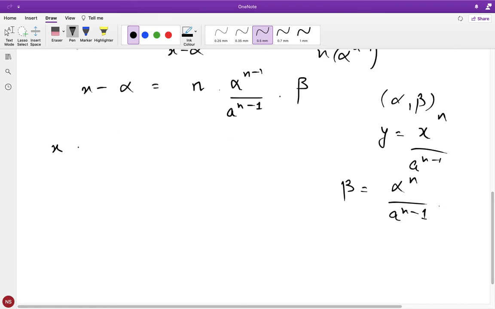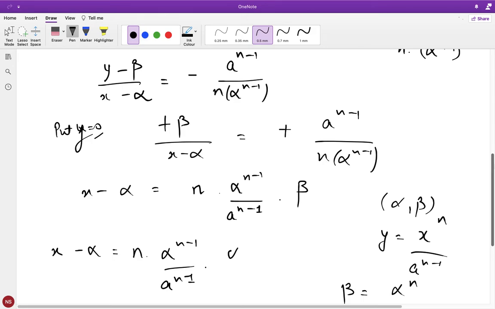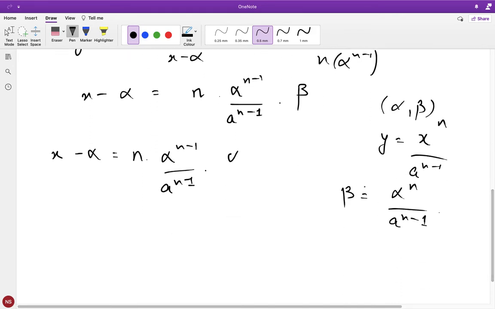So what is x? x - alpha is equals to n alpha^(n-1) / a^(n-1) into beta, and beta is alpha^n / a^(n-1).